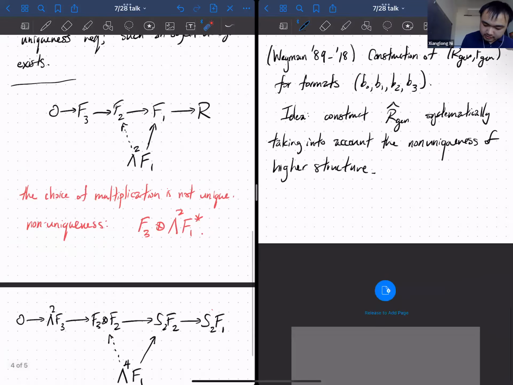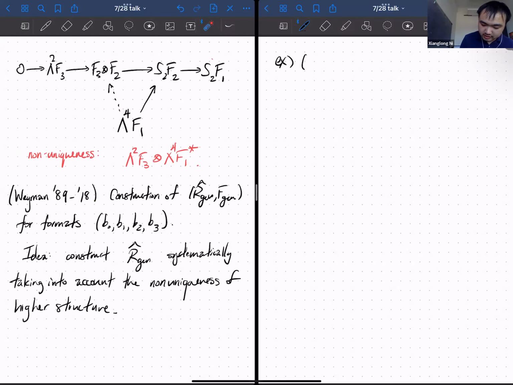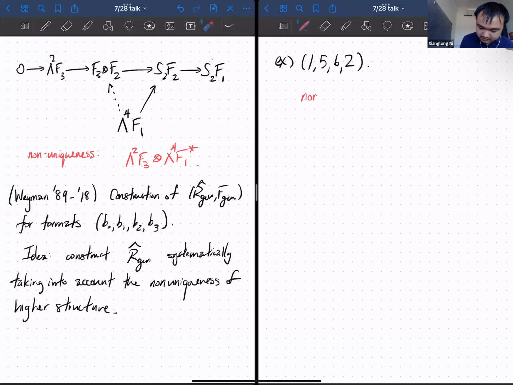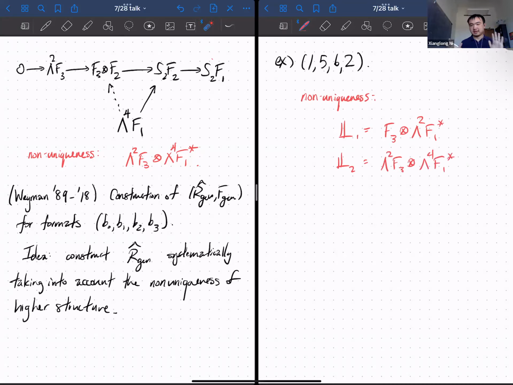So for a particular sequence 1562, the non-uniqueness is actually recorded just by the two examples I already gave. So non-uniqueness: there's F3 tensor wedge 2 F1 dual, and there's L2, which is wedge 2 F3 tensor wedge 4 F1 dual. And that turns out to be it. This is somehow the only quote unquote necessary non-uniqueness of the map from the generic ring to R.